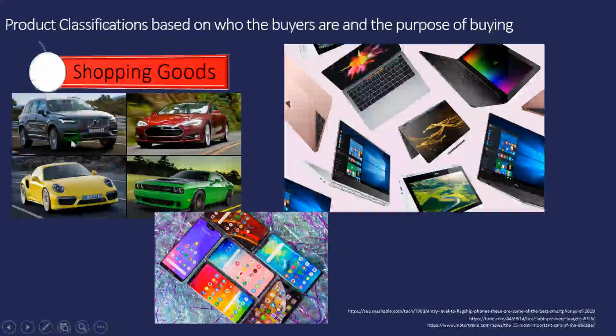For cars, we will try to compare this car, this car, this car, and this car. As well as the laptop, we'll also try to compare which one really suits our needs. And also for the smartphone. So we need to do some research, or at least ask some people who we think know much about this.